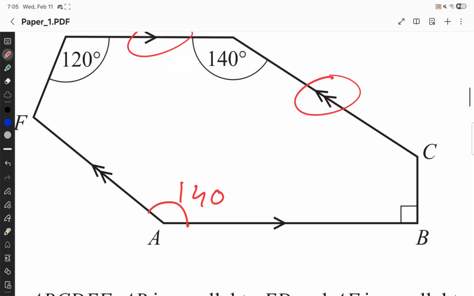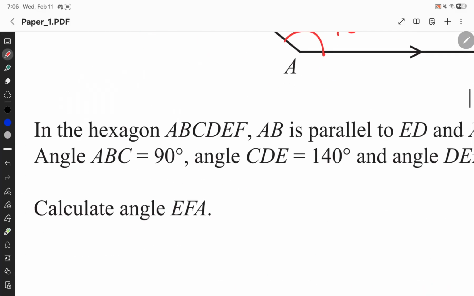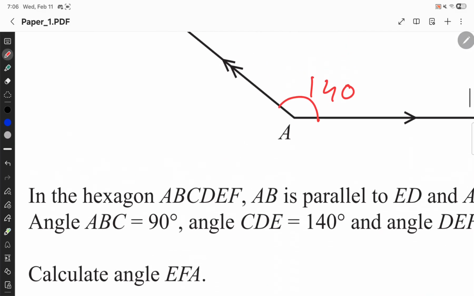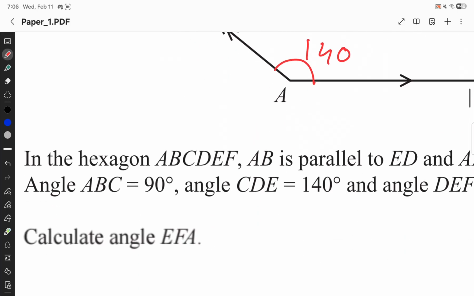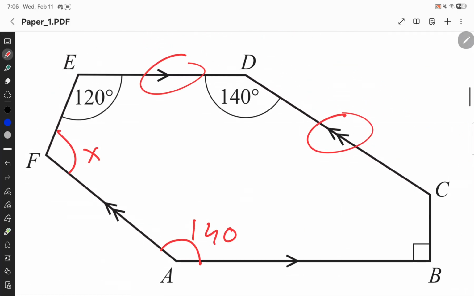Next, how do you find C? Now we obviously cannot find this directly because that is the question. We can use the total angle thingy, but we need to find C before that.